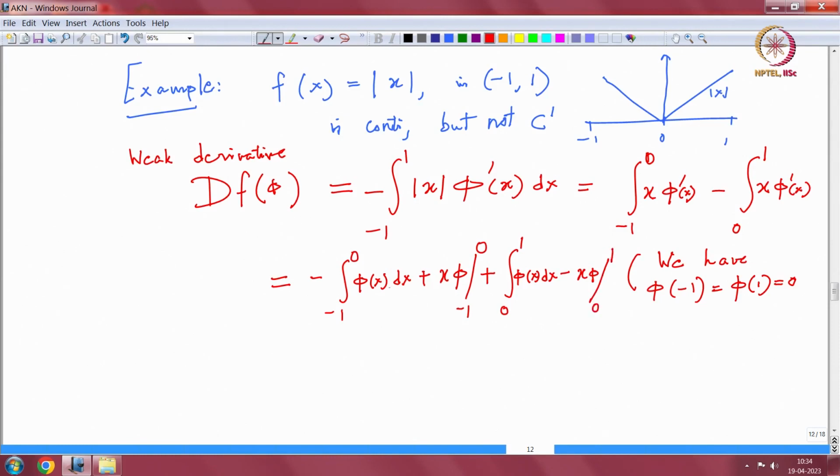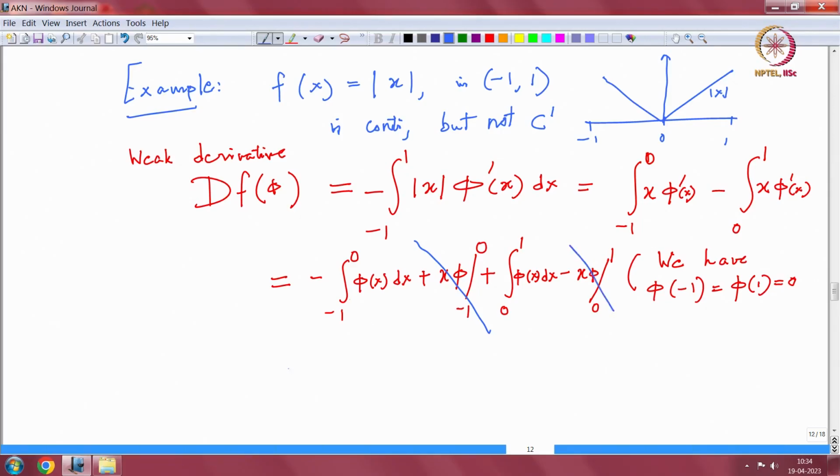Now, look at the second term. On the second term, phi at minus 1 is 0, but x is 0. Phi at 0 need not be 0, but then x is 0. So, this goes away because of the factor x being 0. Similarly, phi at 1 is 0, but x is 0 at 0, phi of 0 not necessarily 0. So, this term also goes to 0.